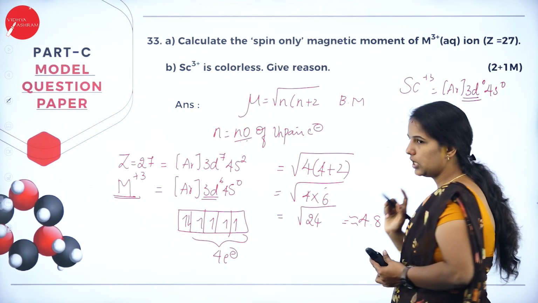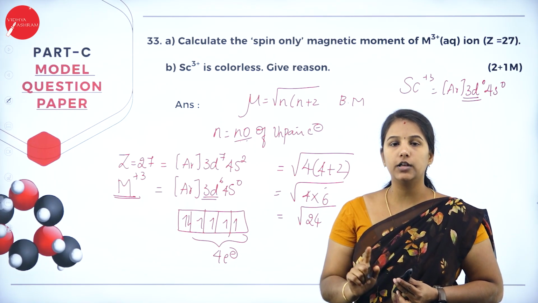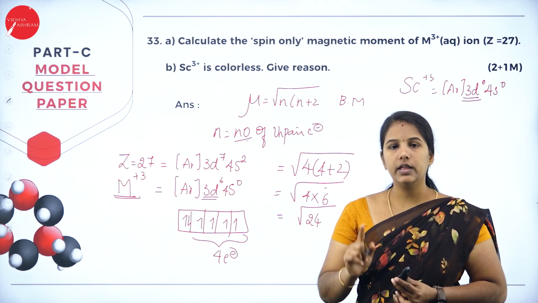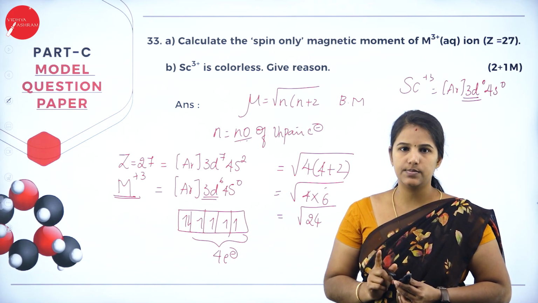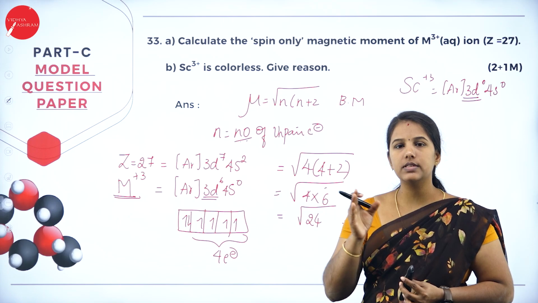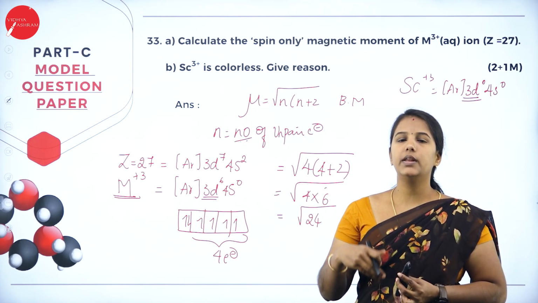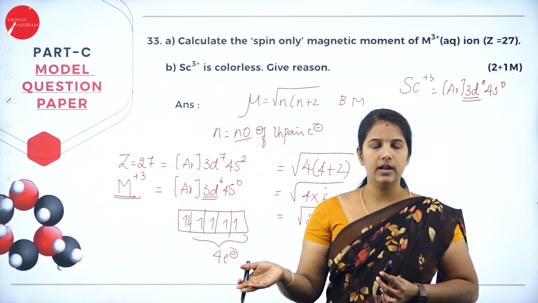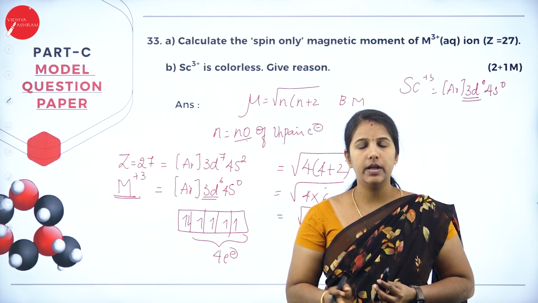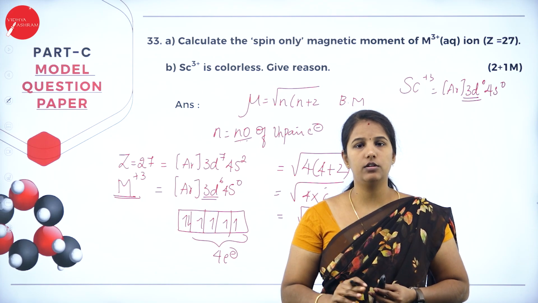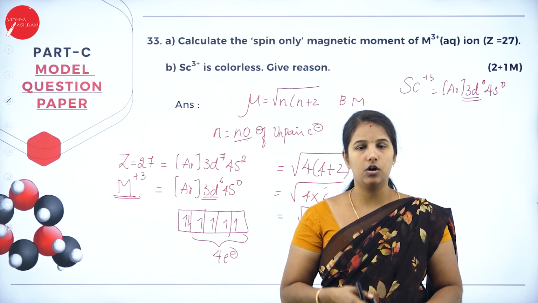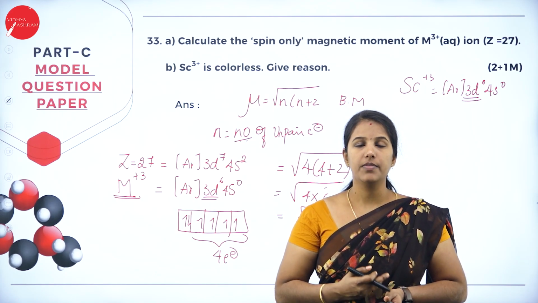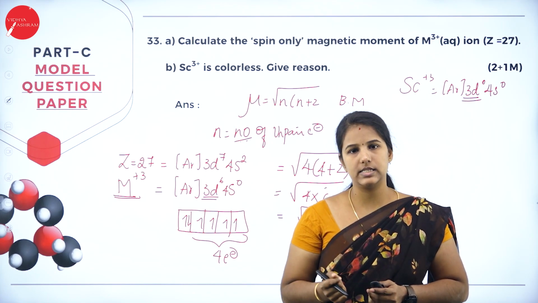Since it has no electrons in the d orbital, no d-d transition will take place. We know that the unpaired electrons are responsible for giving color to the complexes. Scandium in plus 3 oxidation state does not contain any unpaired electrons, hence it will become colorless.